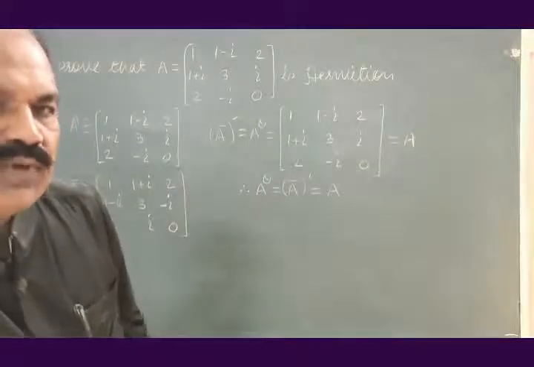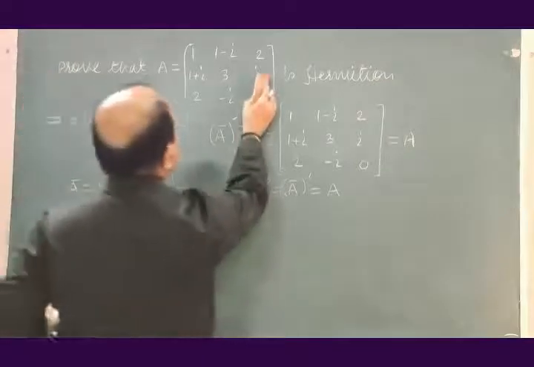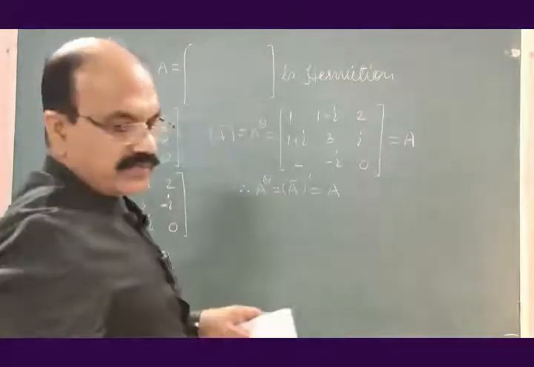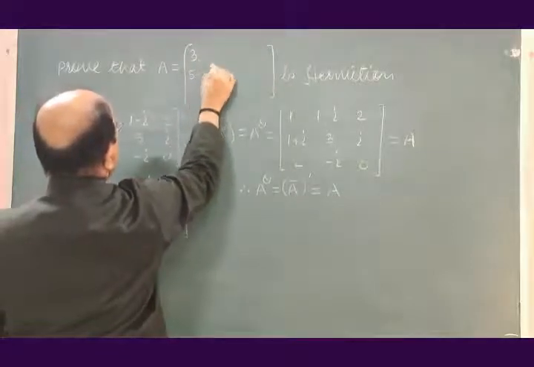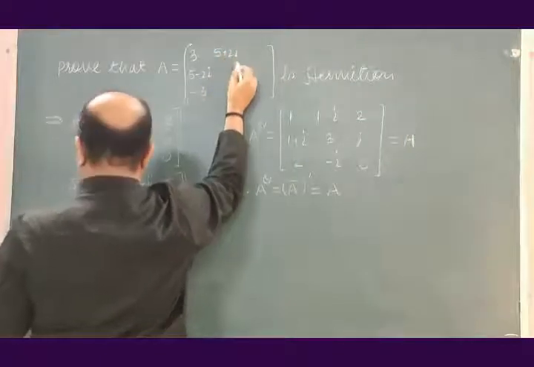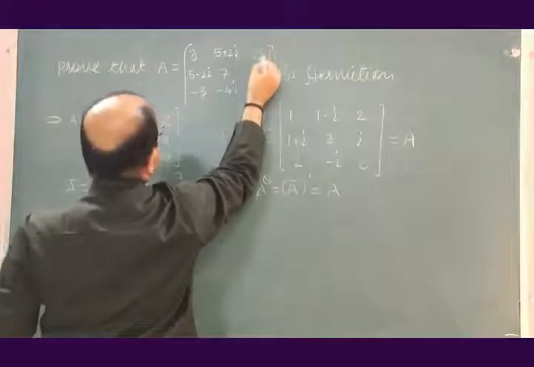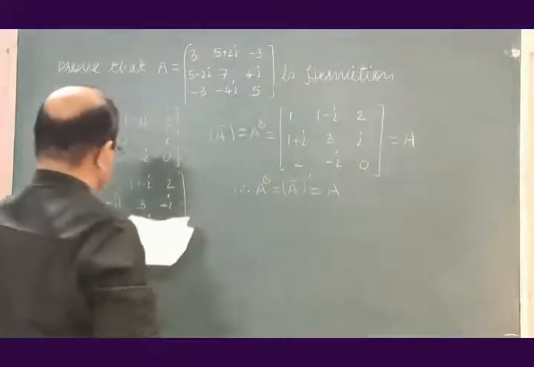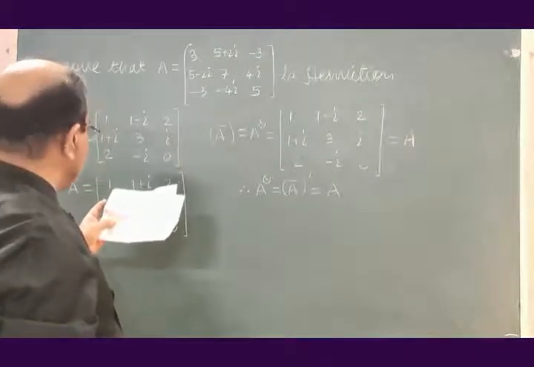Let us go for one more problem on Hermitian matrix, and that is: 3, 5 minus 2i, minus 3; 5 plus 2i, 7, minus 4i; minus 3, 4i, 5.